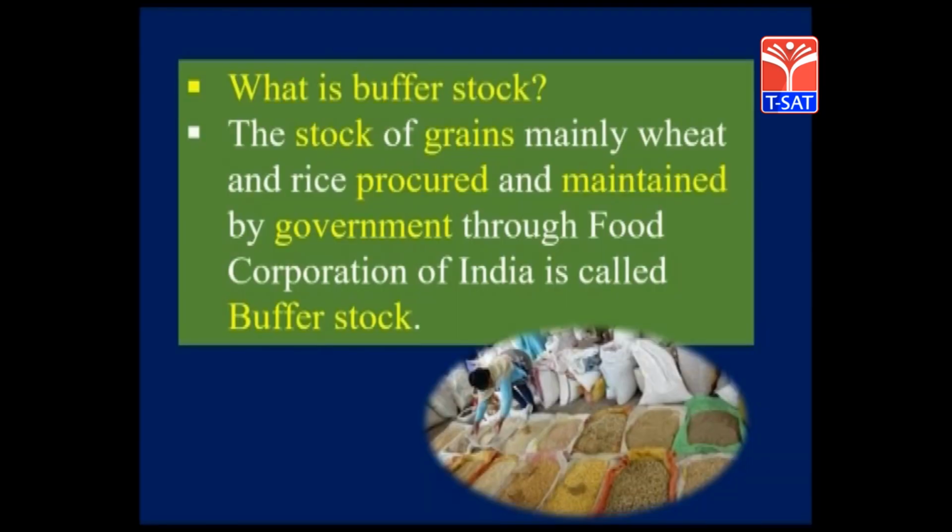Now let us study what is buffer stock. Children, the stock of food grains, mainly wheat and rice, procured and maintained by the government through the Food Corporation of India, which is also called FCI, is called buffer stock.